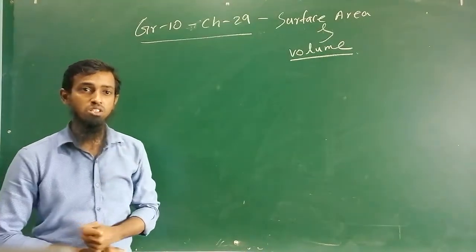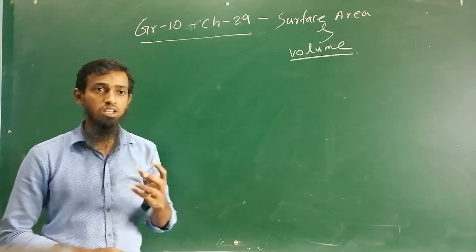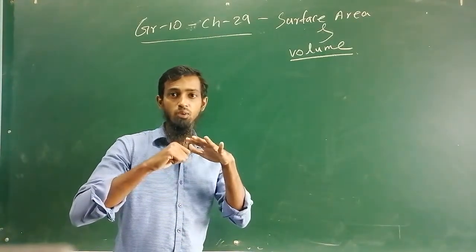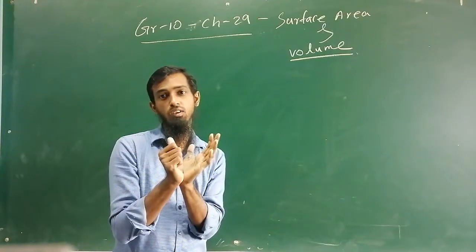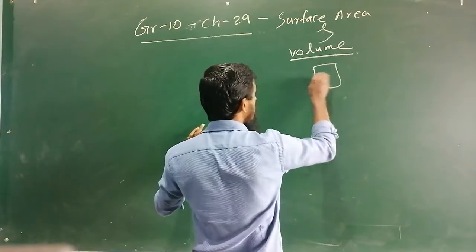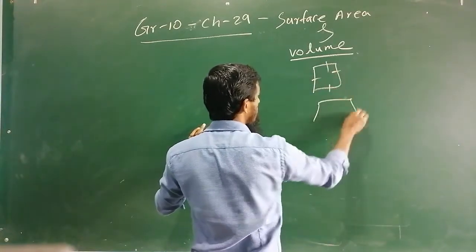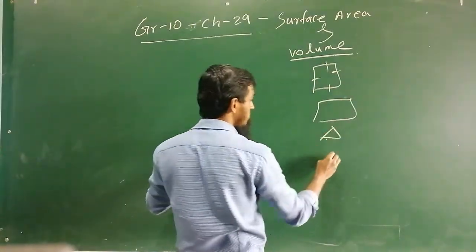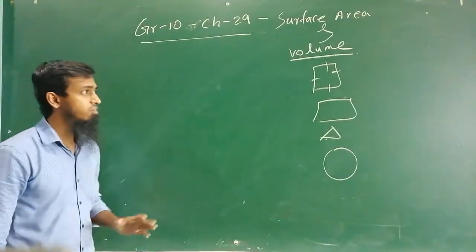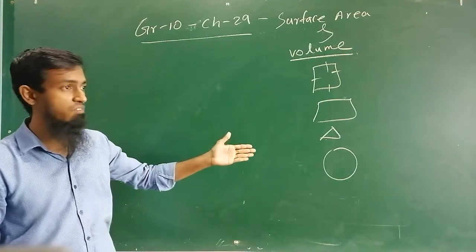Plane figures, as you all know, are figures made of straight lines forming a closed figure. Namely, we know square, rectangle, triangle, trapezium, circle. Those are plane figures. We studied the area of the plane figures.